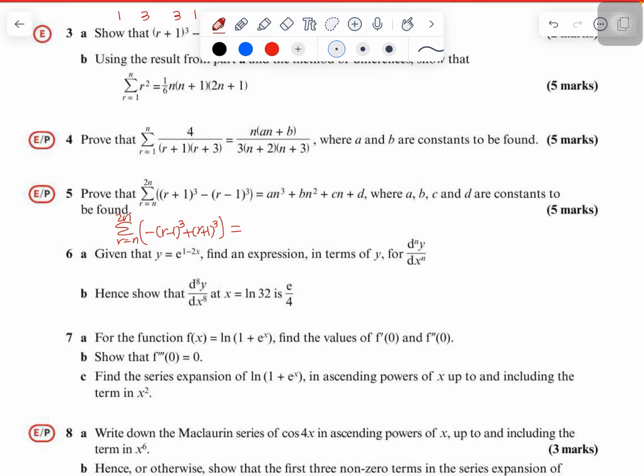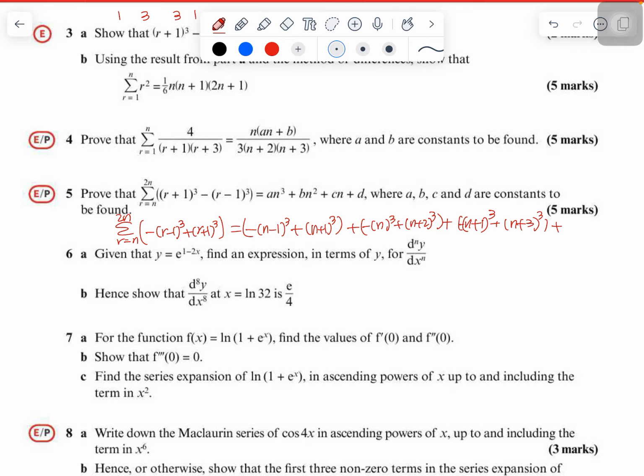So when r equals n, negative n minus 1 cubed plus n plus 1 cubed, plus negative n cubed plus n plus 2 cubed, plus n plus 1 negative cubed, plus n plus 3 cubed. Am I correct?